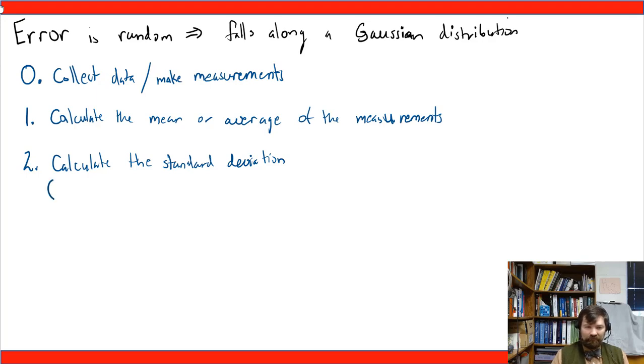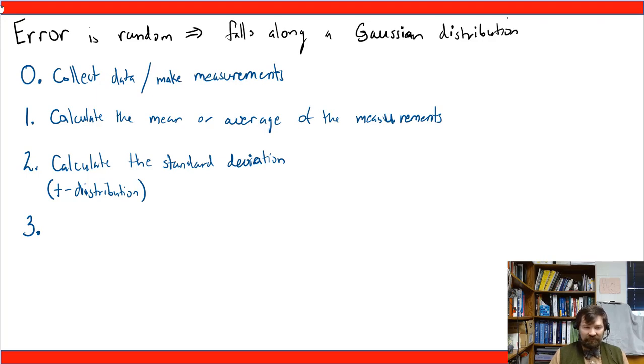So the t-distribution would be next, but we're just simply going to paper over that one for now. It's kind of minor in this case.